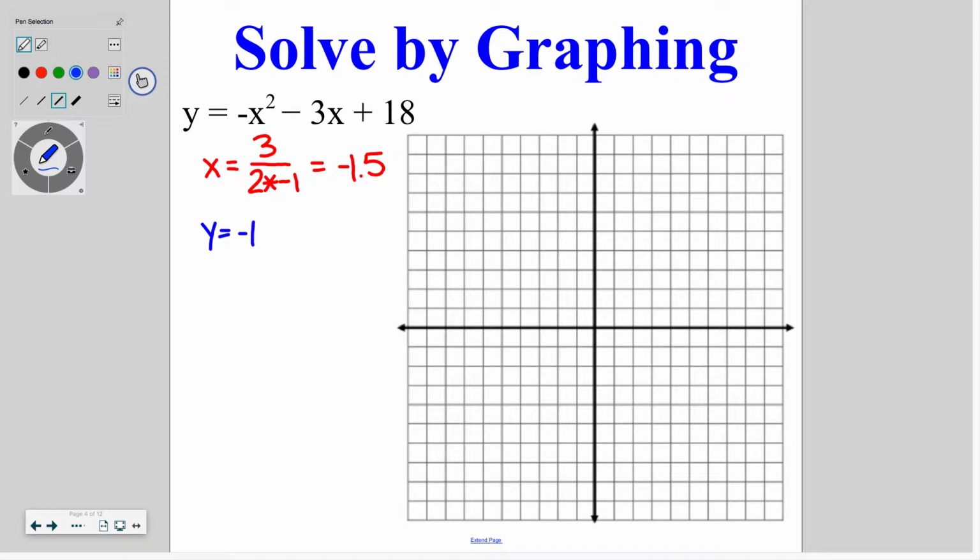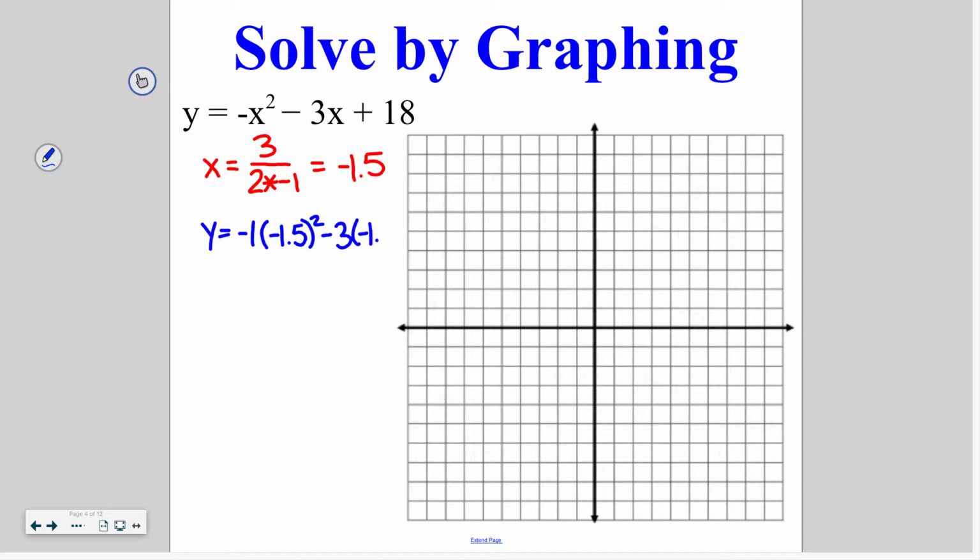So I've got negative 1 times negative 1.5 squared minus 3 times negative 1.5 plus 18. Solving, I need to square 1.5 and then multiply by negative 1. So I'm going to end up with negative 2.25 there.